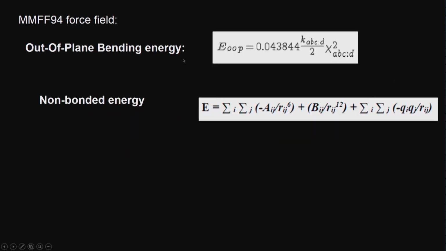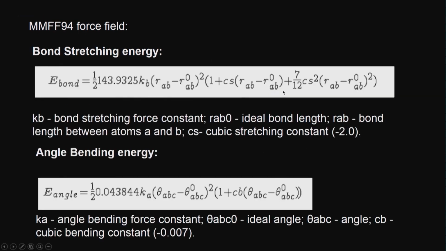Out of plane bending energy, I talked about this: if you have 4 atoms, 3 may be in one plane, the 4th one may be out of the plane. So, that is also included here. These are non-bonded interactions, the electrostatic and the Lennard-Jones potential. So, MMFF uses not only the quadratic term, but also the linear terms as you can see here.